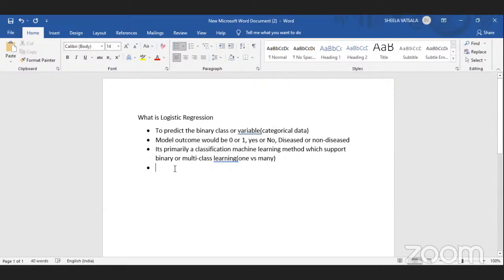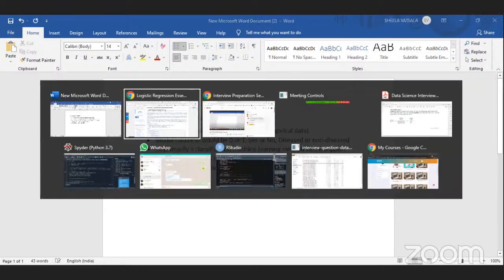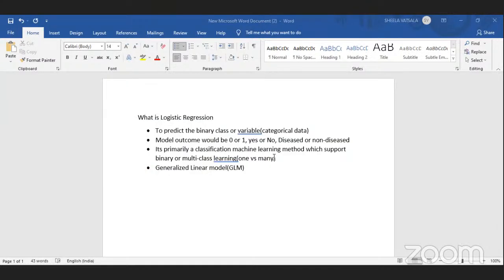It uses the generalized linear model, which we call GLM, in short, which is an extension of the linear regression model. It is also called binary logistic regression, binomial logistic regression, or logit model.